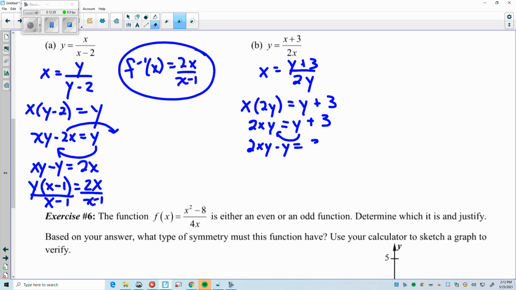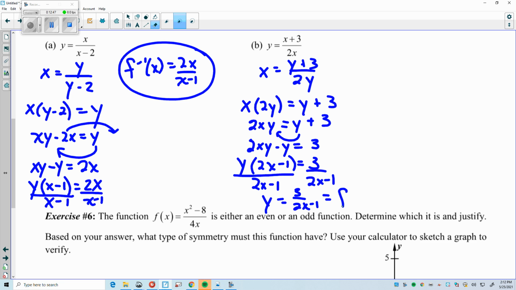Subtracting the y. And now remember, I want to get the y's by themselves. So I'm going to factor out that y. And now, keep wanting to get y by itself. I got to divide through by this factor. Okay, so we get something that looks like 3 over 2x minus 1. And again, remember that inverse notation is saying f to the negative 1 of x.